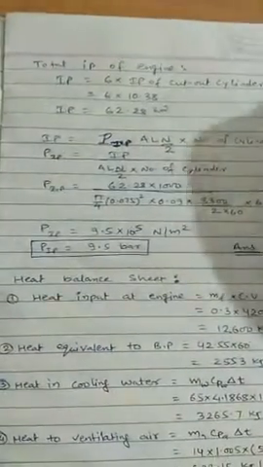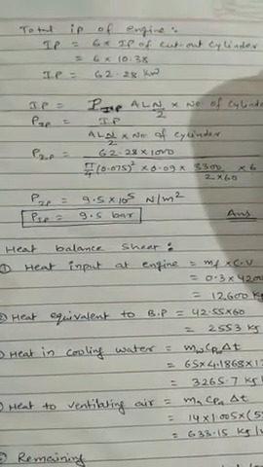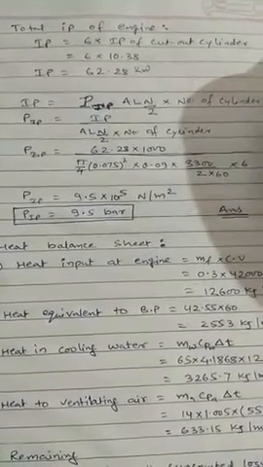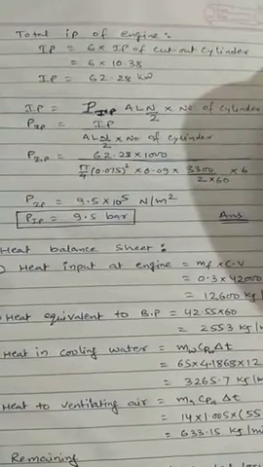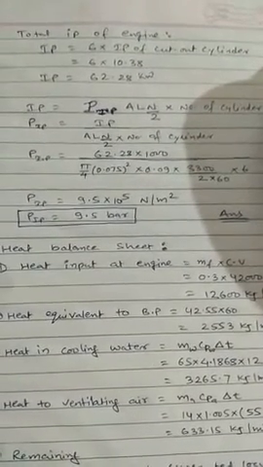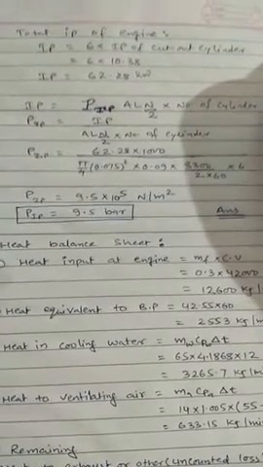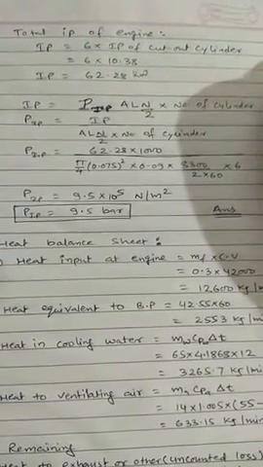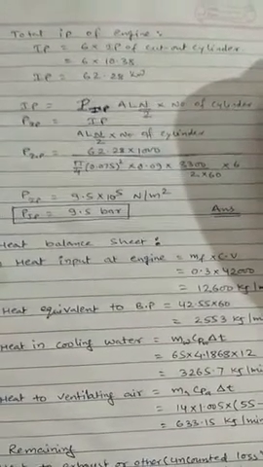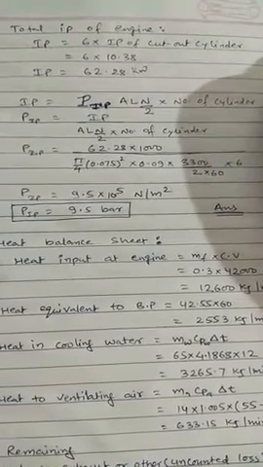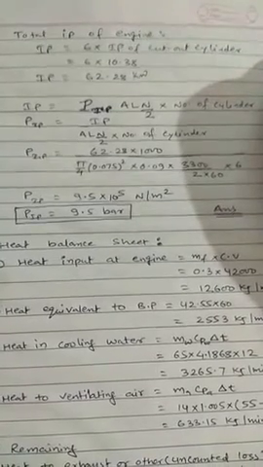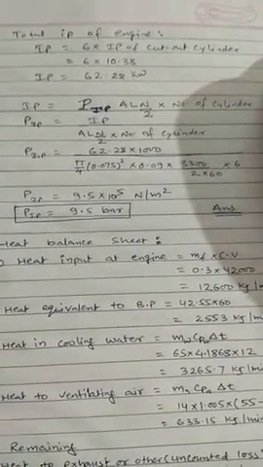After calculating IP, we find the value of indicated mean effective pressure. The formula of IP is equal to indicated mean effective pressure into A L N by 2 for a single cylinder engine. And in this question there are 6 cylinders, so multiplying by the number of cylinders, IP is indicated mean effective pressure into A L N by 2 into number of cylinders.